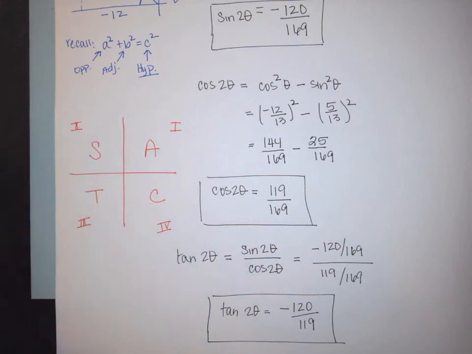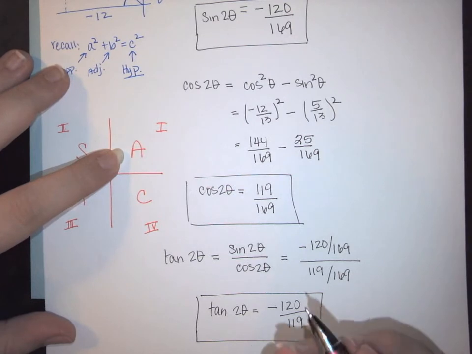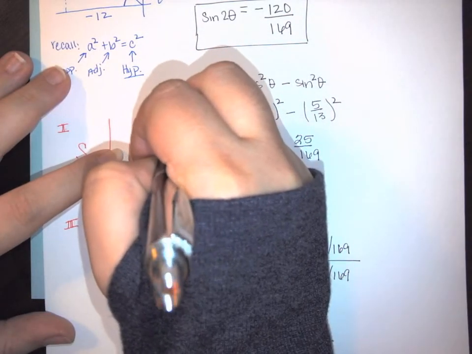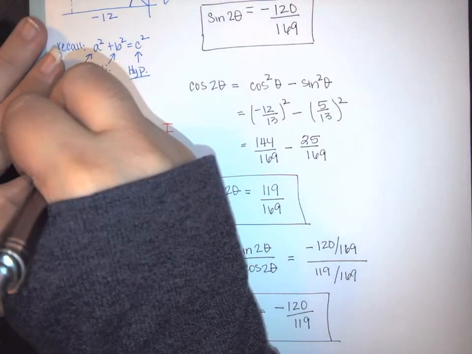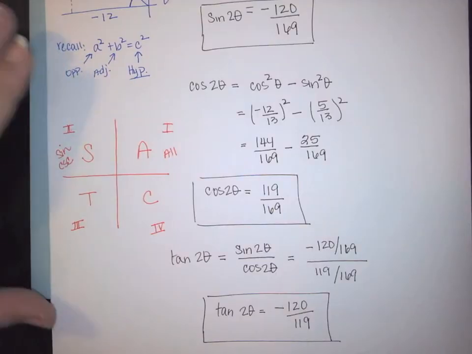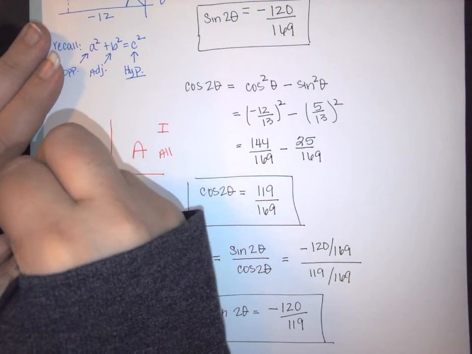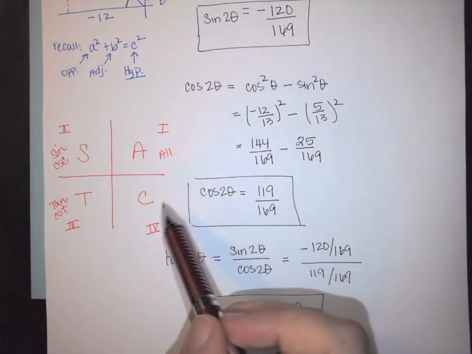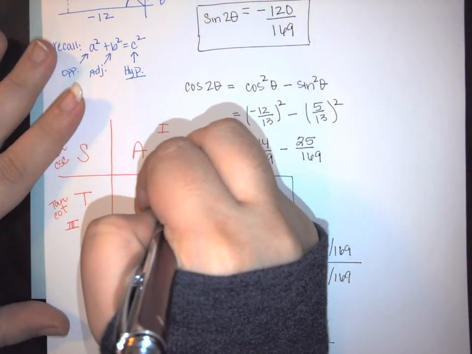Now what this tells you is the functions that are positive in that quadrant. So here all stands for all of them. S is my sine functions, so sine or cosecant. T stands for tangent, so this is going to be the tangent or the cotangent. C stands for cosine, so cosine or secant.